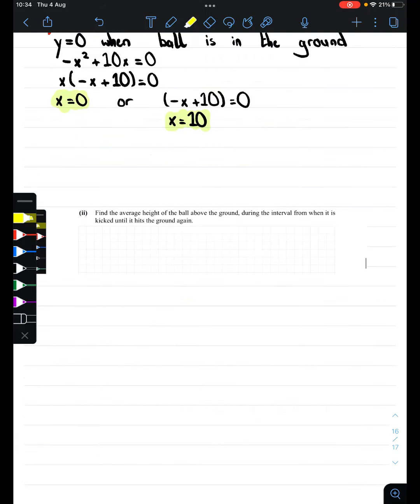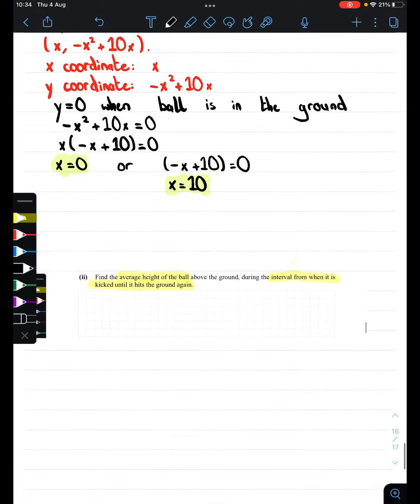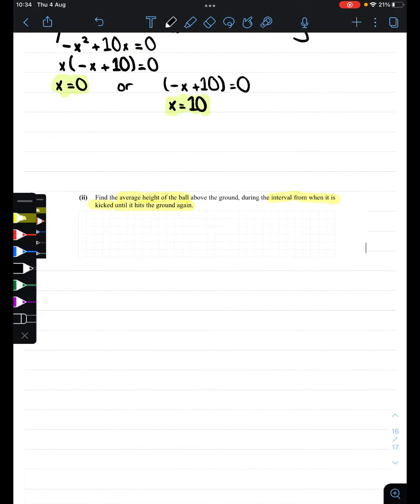Now on to part 2. Find the average height of the ball above the ground during the interval from when it is kicked until it hits the ground again. Okay, so we know that the height of the ball is just the y coordinate, so height equals the y coordinate, which is just minus x squared plus 10x.